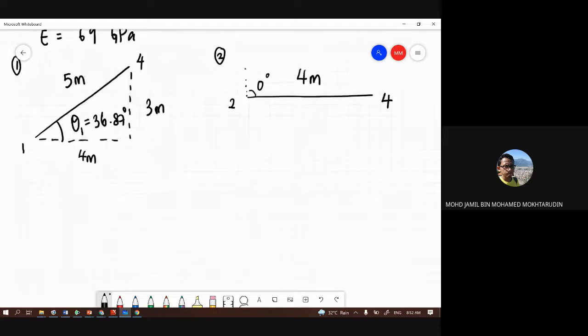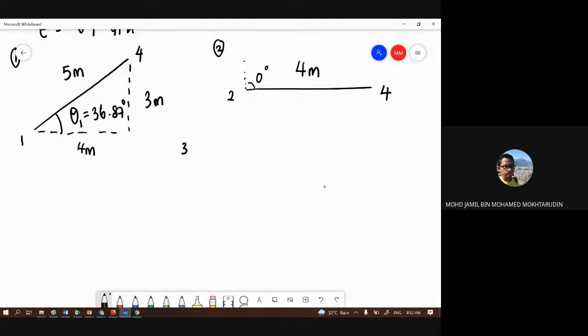And lastly, element number 3, between node number 3 and number 4.